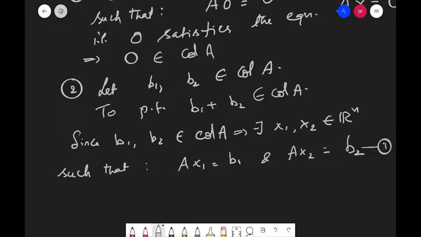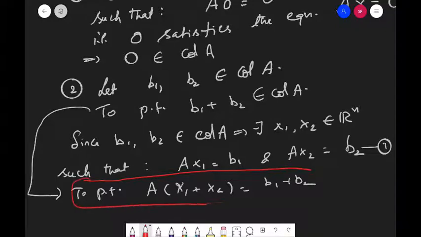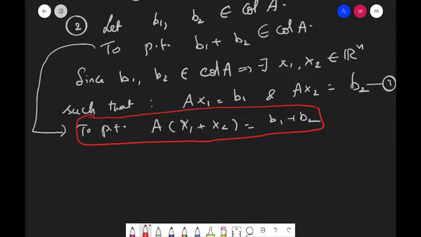Now what do I have to prove? That b1 plus b2 belongs to column A. So we have to prove that A into x1 plus x2 is equal to b1 plus b2. This is what we have to prove now. Now I have x1, x2 in Rn.